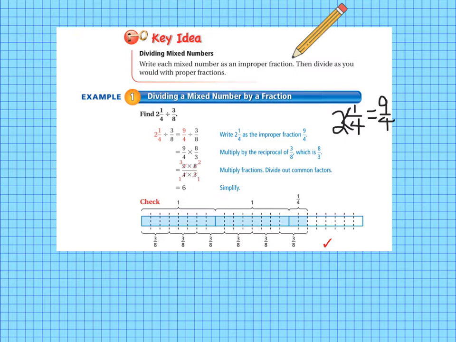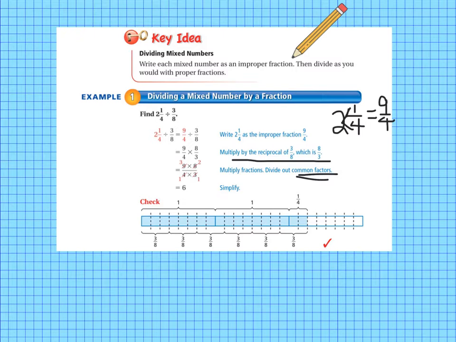So 9/4, and we're dividing that by 3/8. Remember, to divide, we keep the fraction on the left as it was, we change the sign to multiplication, and we use the reciprocal, or we flip the fraction on the right. So we multiply by the reciprocal of 3/8, which is 8/3. We look for our common factors, and we divide those out, or we cancel them.